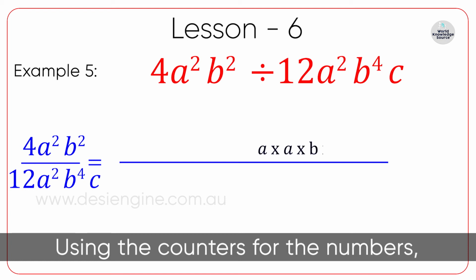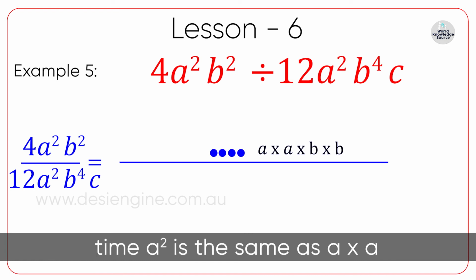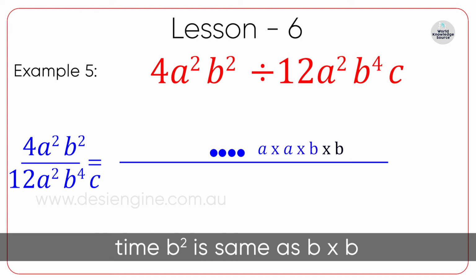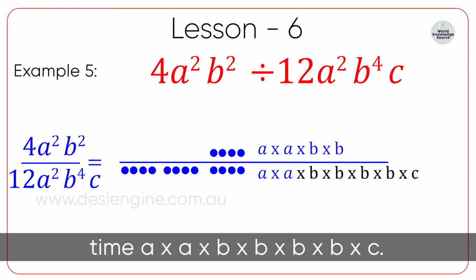Using the counters for the numbers, we can write this as 4 counters times a power of 2, which is the same as a times a, times b power of 2, which is the same as b times b, over 12 counters times a times a times b times b times b times b times c.